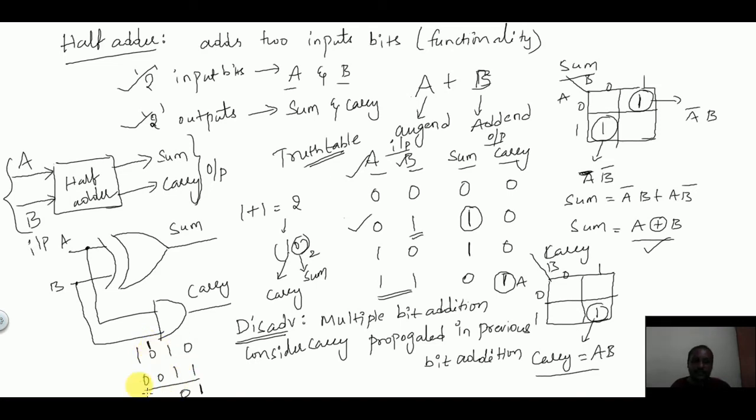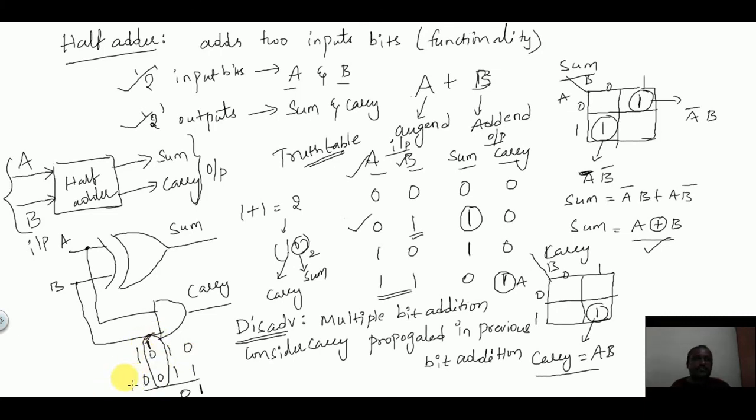In order to add for this combination, we need 3 input bits: the carry propagated from previous bit addition and the 2 actual input bits. So we require 3 bits to perform this addition at this stage.